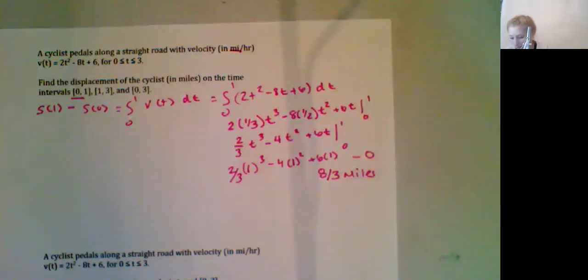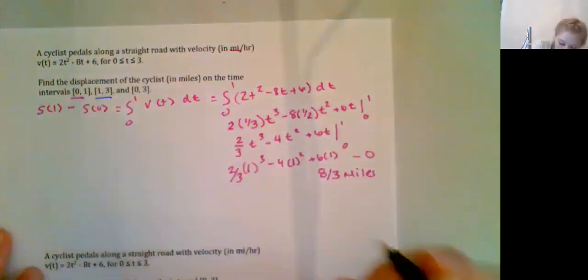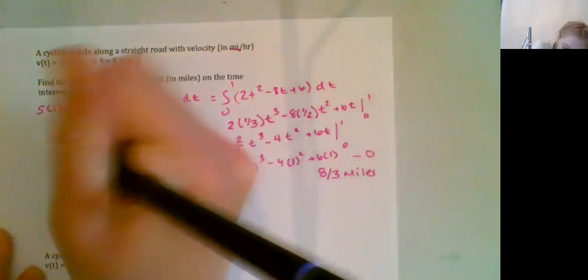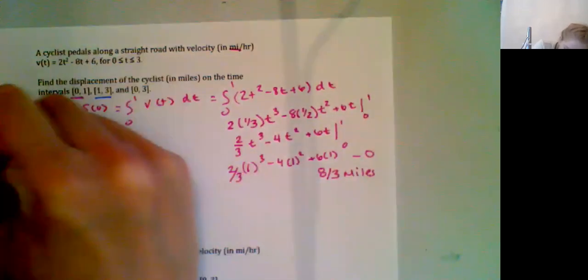So since I have already integrated, I can just simply use the same integration. I don't have to redo it because that part's not going to change. So from 1 to 3.